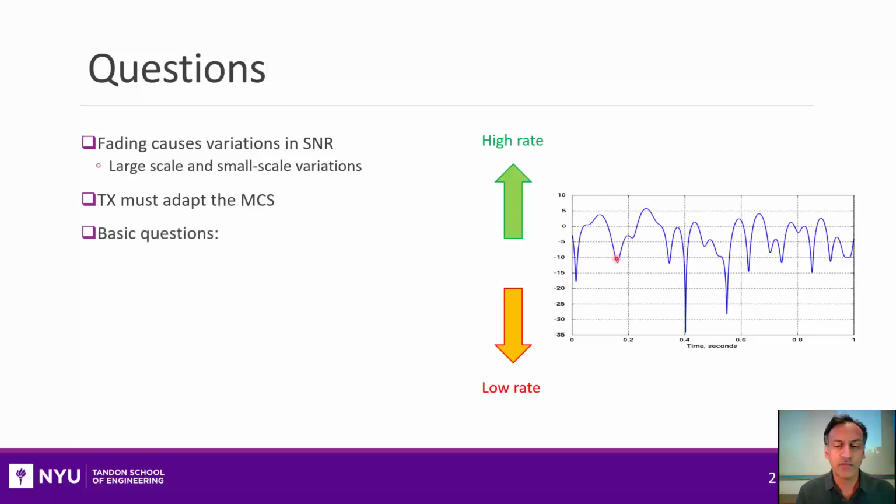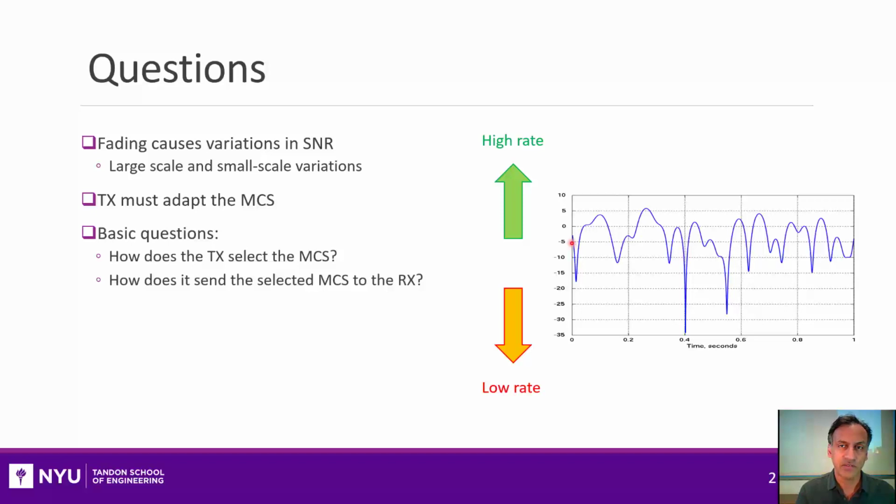And that raises several basic questions which we're going to try to look at in this unit. The first is, how does the transmitter select that modulation and coding scheme? What kind of information does it need back from the receiver of the channel, and what does it do with that information? After it has selected the modulation and coding scheme, we have to look at how it actually transmits that modulation and coding scheme to the receiver in a reliable manner.